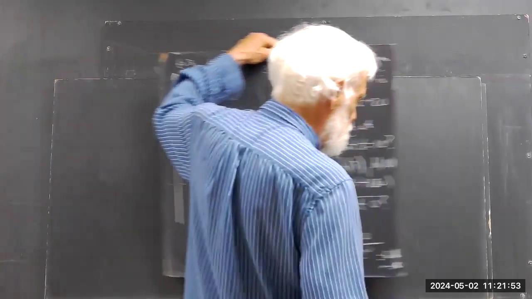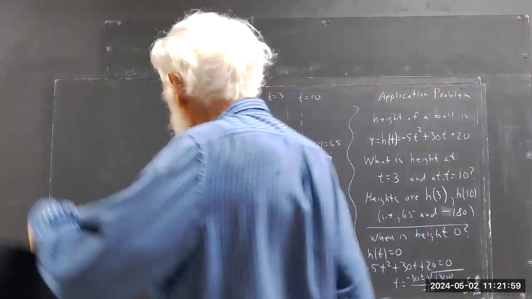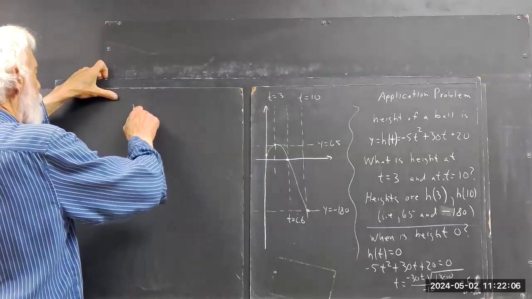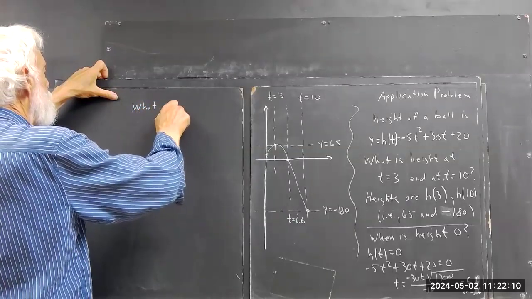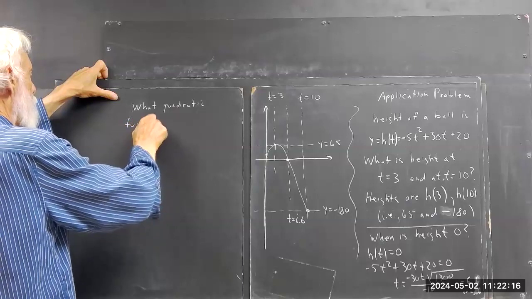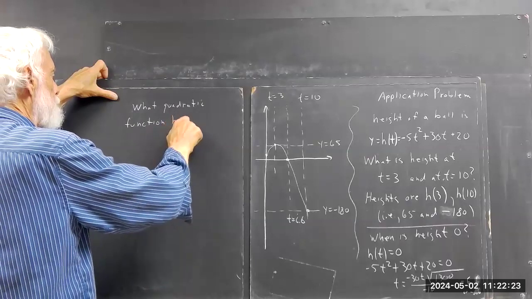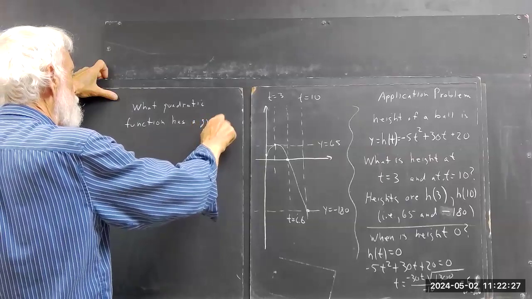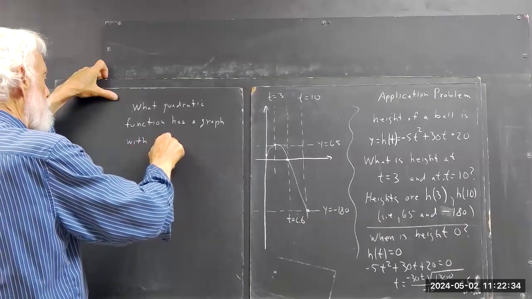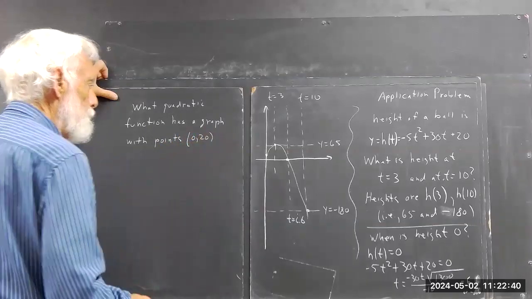What if we didn't know what the function was? The question I'm going to ask now is, I'm going to pick the point (0, 20).